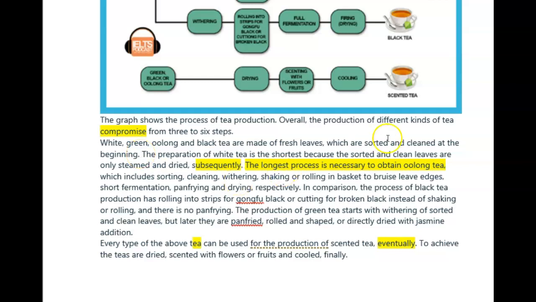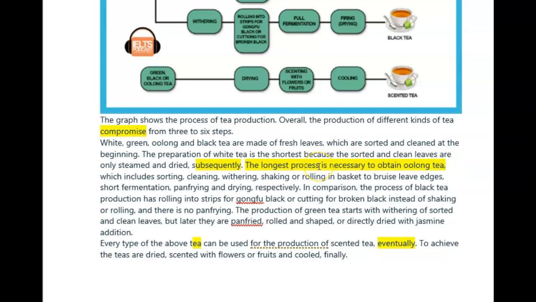Preparation of white teas is shortest because the sorted and cleaned leaves are only steamed and then subsequently dried. You would have to put subsequently in here, not after there. The longest process is necessary to obtain oolong teas. I've just slightly changed that around, and I would suggest maybe oolong tea necessitates the longest production.